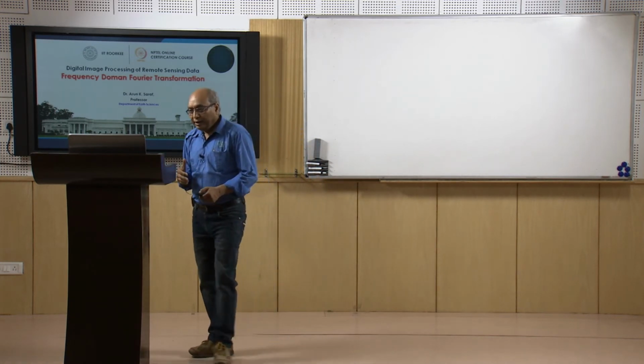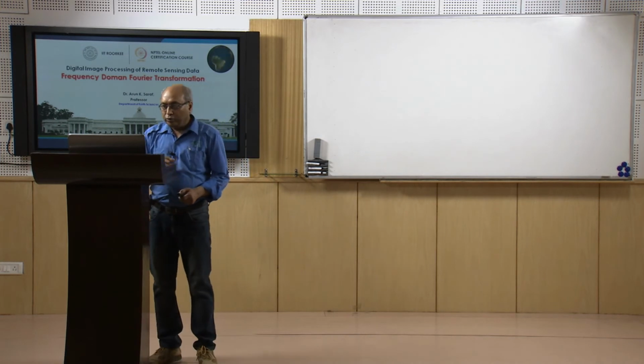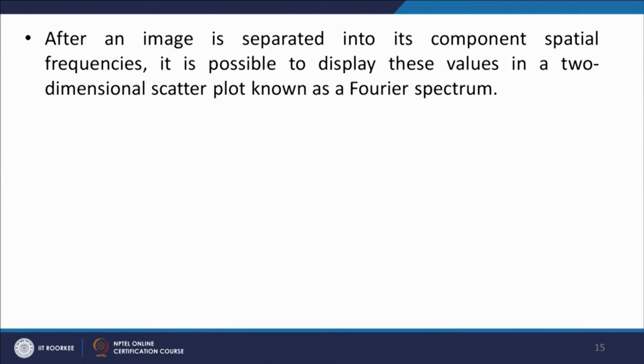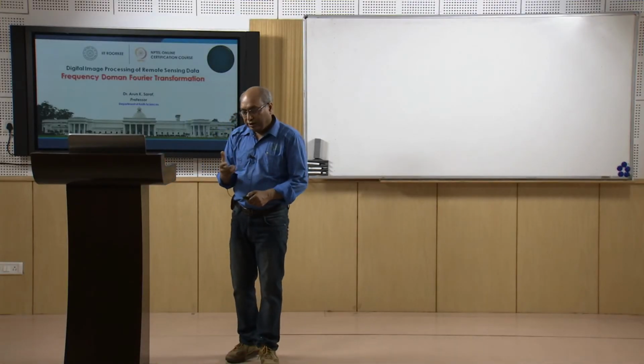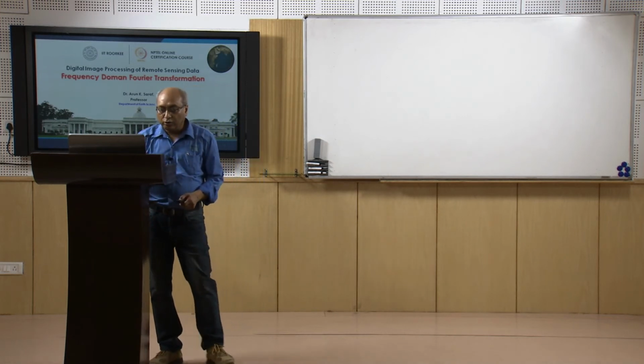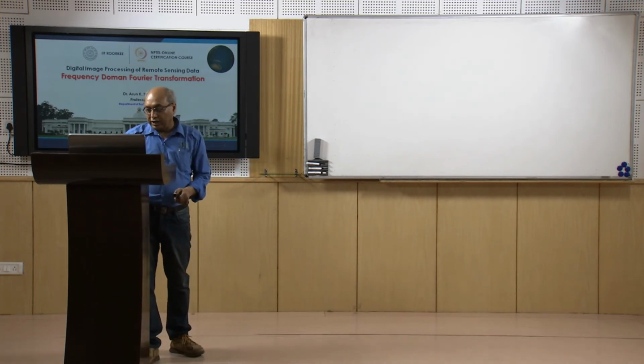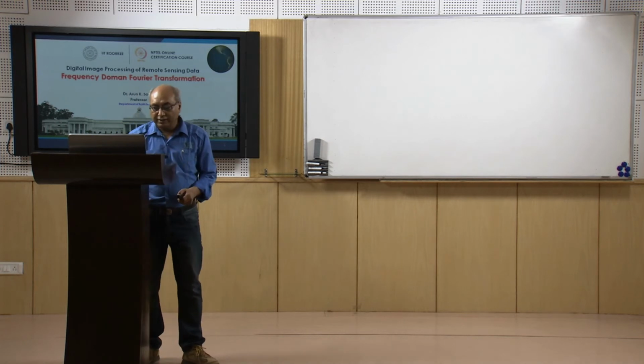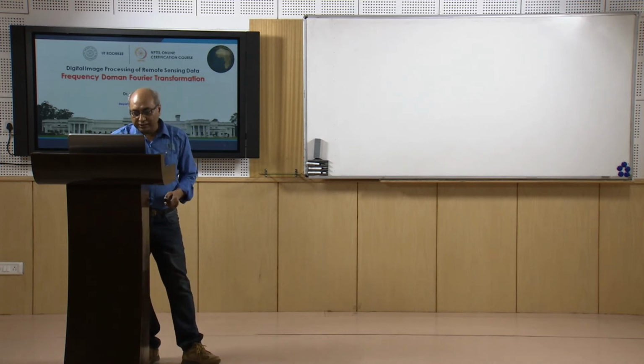So after an image is separated into component spatial frequencies, it is possible to display these values in a two-dimensional scatter plot known as a Fourier spectrum. And this Fourier spectrum basically will allow us to design a filter and then remove the noise or whatever features you want to de-emphasize. So lower frequencies in the scene are plotted at the center of the spectrum.